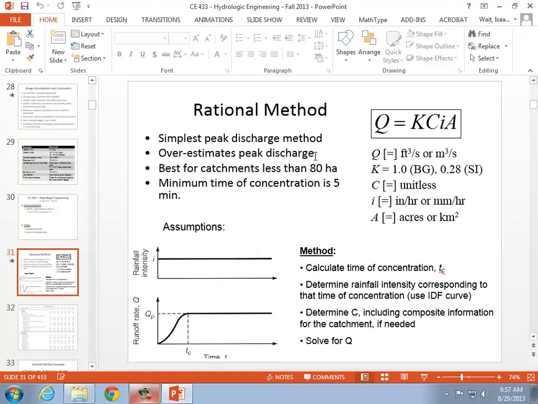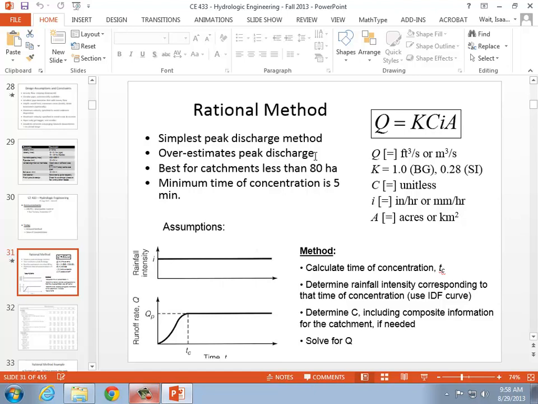So what we have is the K value, and what it basically is doing is it's converting, C again is unitless, and we're going to use intensity of millimeters per hour, and the area is in kilometers squared, and then what it shoots out is going to be the runoff in cubic meters per second.